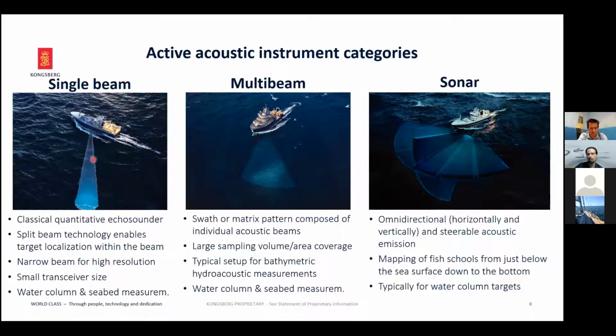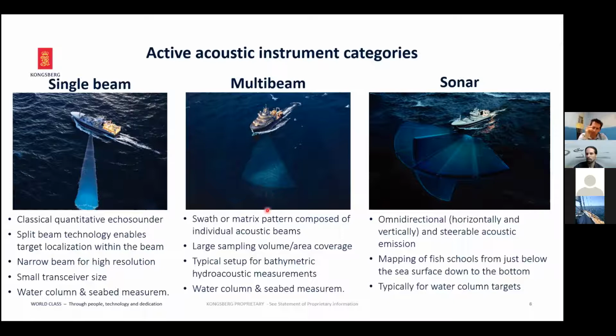The narrow beam also helps with a good resolution, and these instruments got fairly small, such that you can install them on various platforms these days. You use these types of single beam echo sounders both for water column as well as seabed measurements. A multi-beam instrument can be understood as many single beam instruments next to each other, so you have a fan of individual beams.